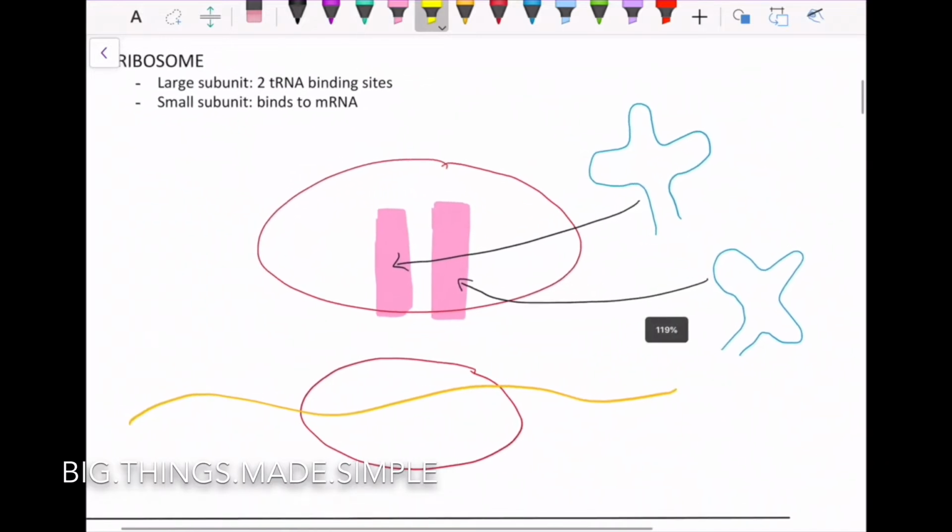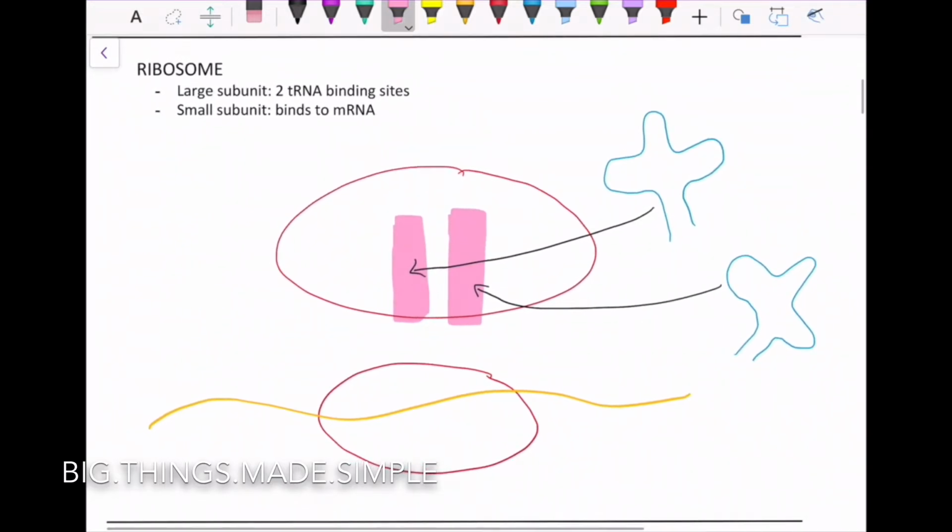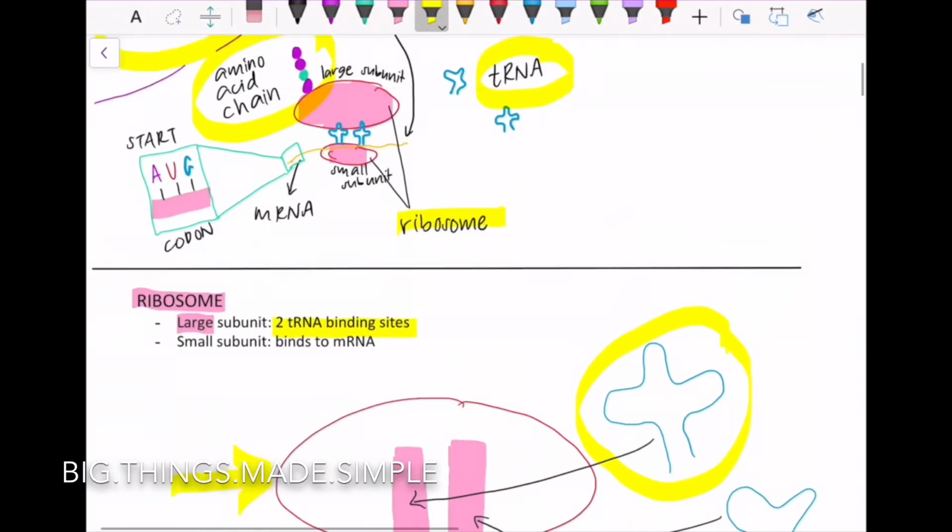So first, let's talk about ribosomes. A ribosome is an organelle that we can find in the cytoplasm. It's made out of two subunits. The first is the large subunit, right over here, and it has two tRNA binding sites. A tRNA molecule is needed to bring the amino acids to the ribosome in order to make this chain.